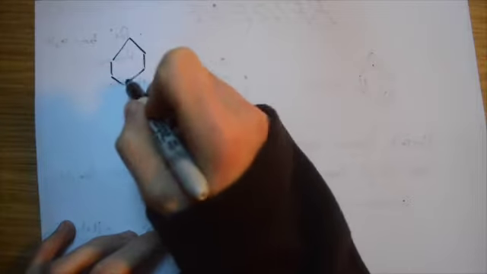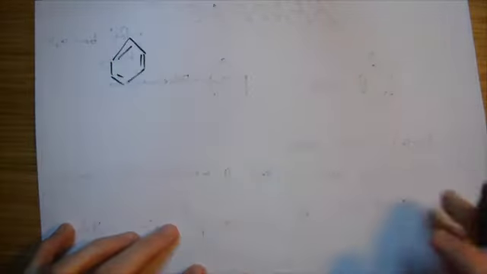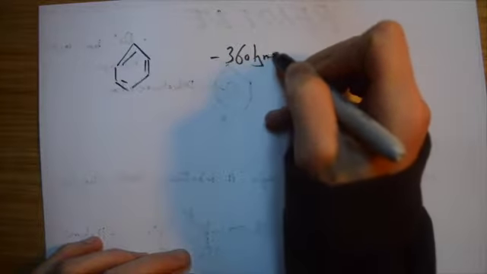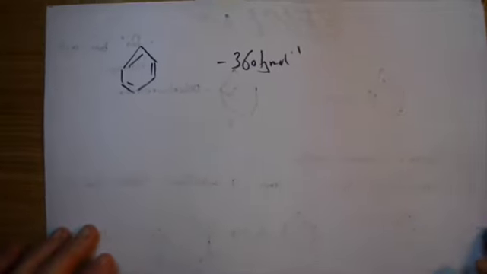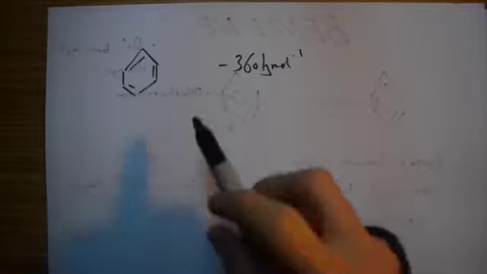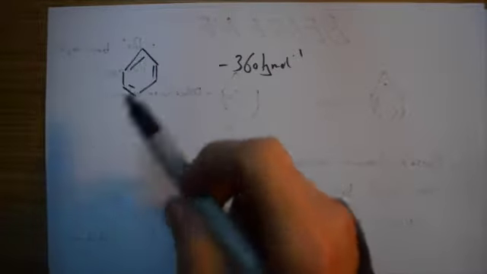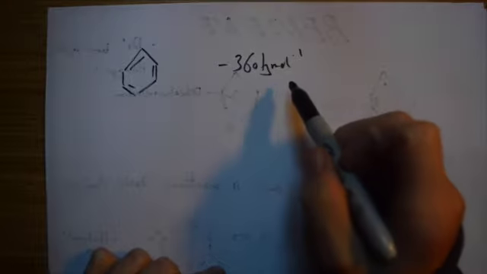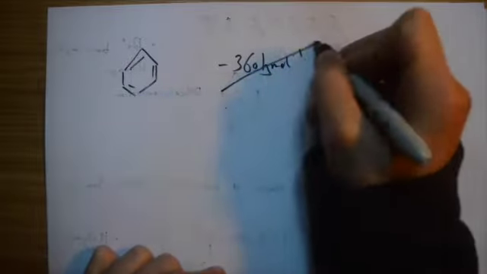So we would expect benzene, which was thought to be like this, having 3 double bonds, to be minus 360 kilojoules, as there's 3 times as many bonds being broken, and 3 times as many bonds being formed, so there's going to be 3 times as much energy released. But in actual fact, this is wrong.